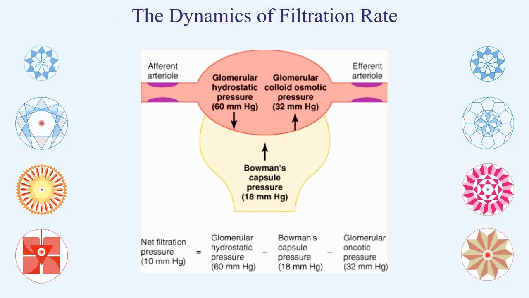So I'm sure you are able to understand that the glomerular filtration rate of 125 ml per minute and 180 liters in 24 hours is because of this particular difference of 10 millimeter of net filtration pressure. 60 minus 50 is equivalent to 10. So I'm sure it doesn't need any further explanation.